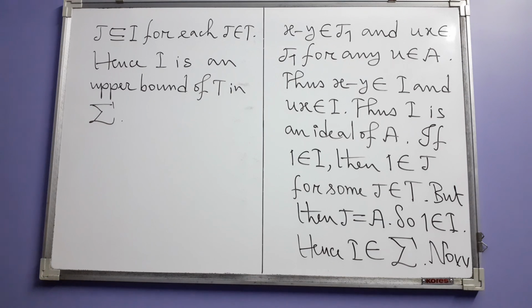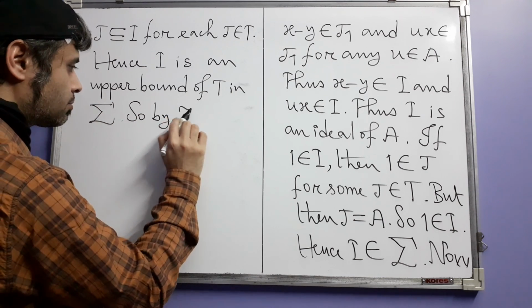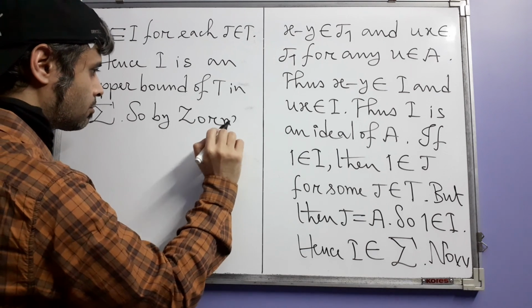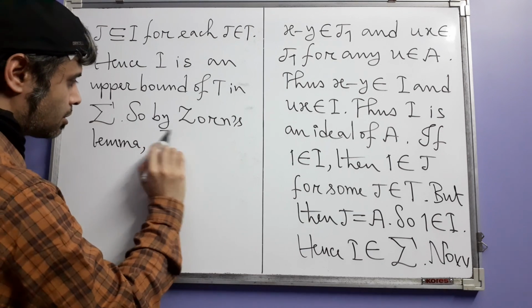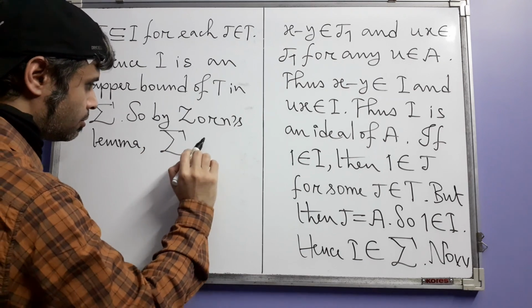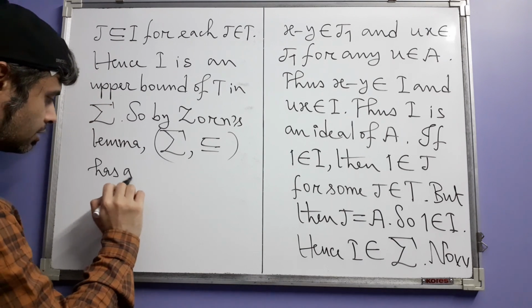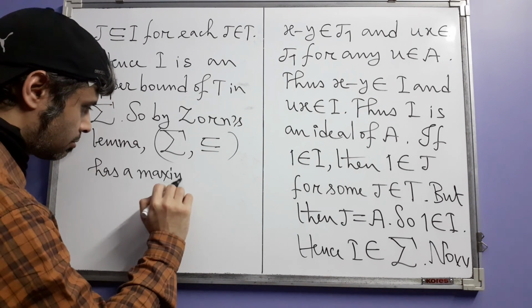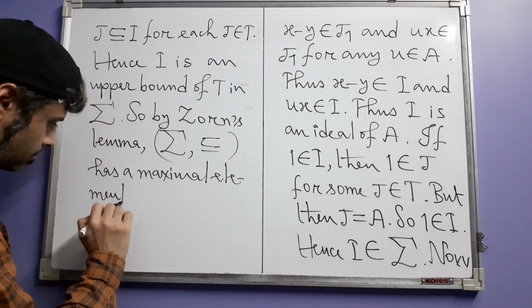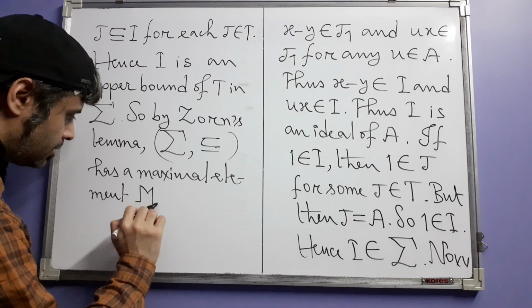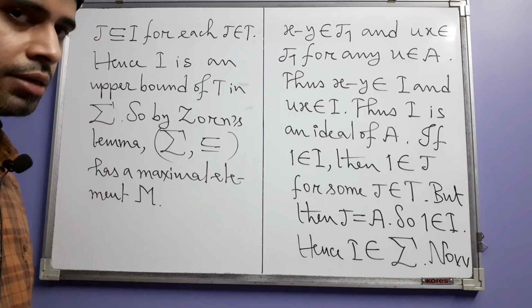Now we can apply Zorn's lemma. By Zorn's lemma, this partially ordered set has a maximal element. Let's call it M, say. Now what properties does M have?